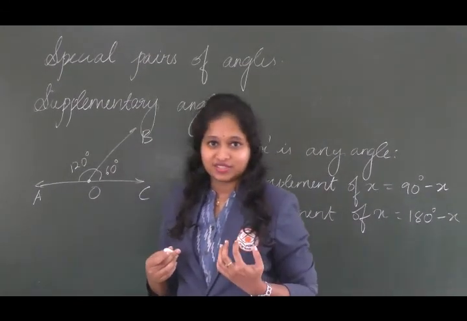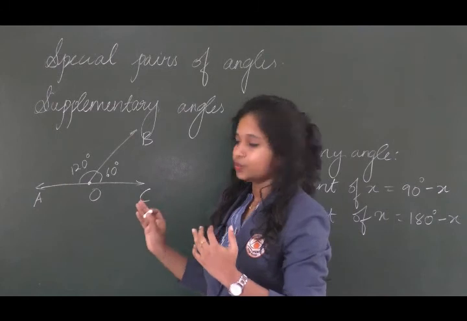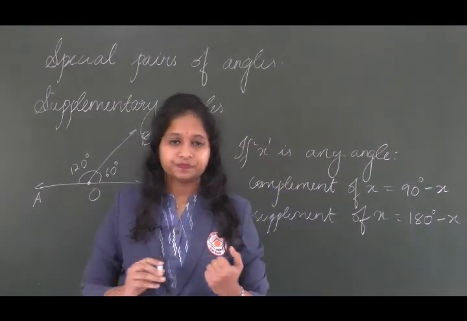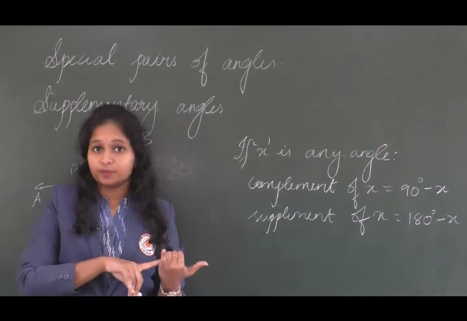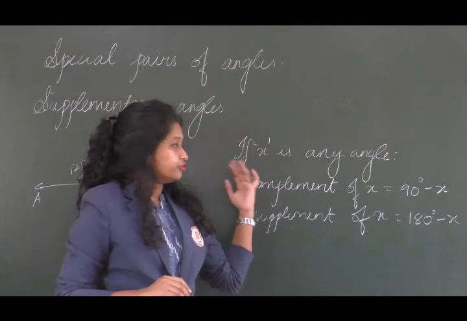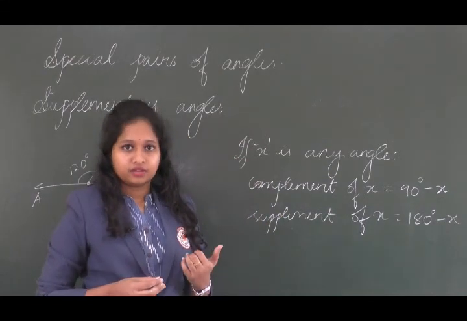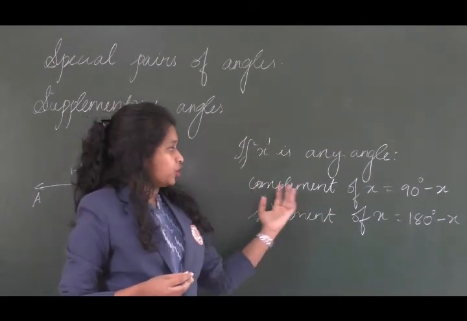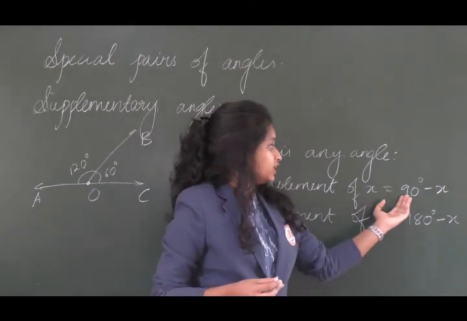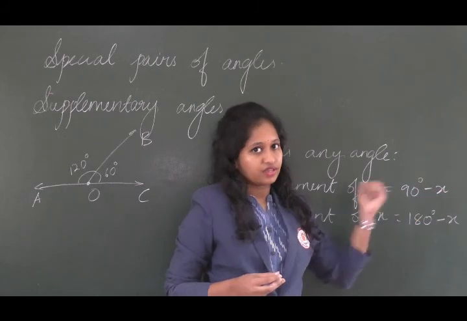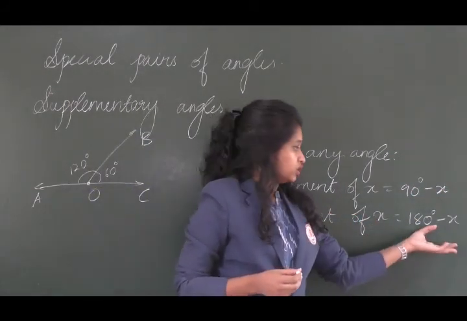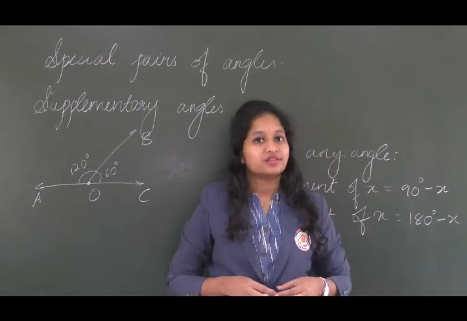Yes, it's 180. So we can conclude that both of these angles are supplementary. So we learned about complementary and supplementary angles. So if X is any angle, okay, the complement of X is equal to 90 degree minus X and the supplement of X is equal to 180 degree minus X.